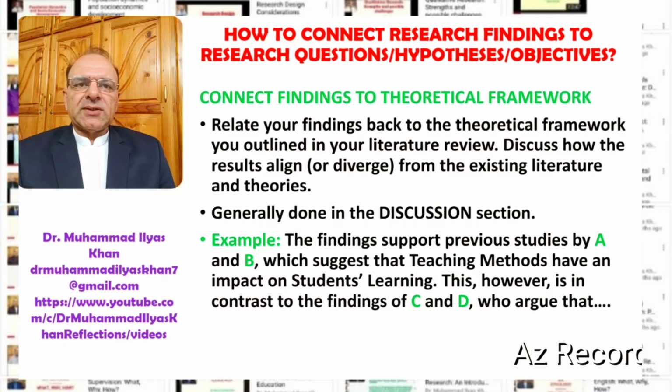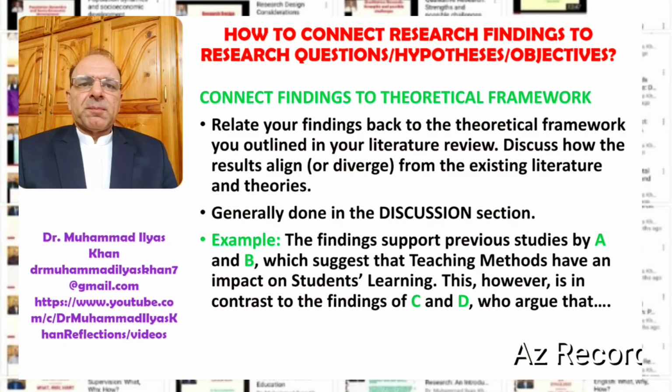So at this stage, we need to discuss how our results or our findings align with or diverge from the existing literature and theories. This is also an important way of connecting our findings to our research questions, hypotheses, or objectives. Here is an example of how to do this.